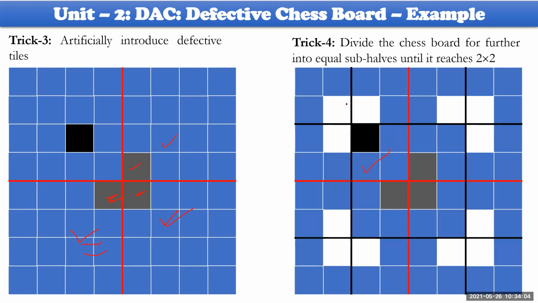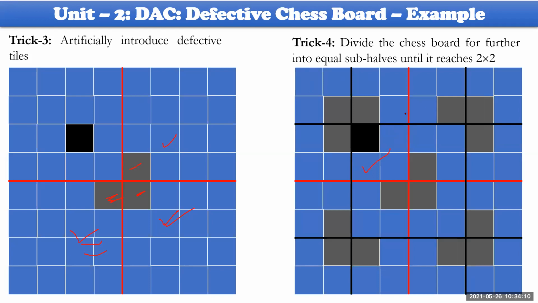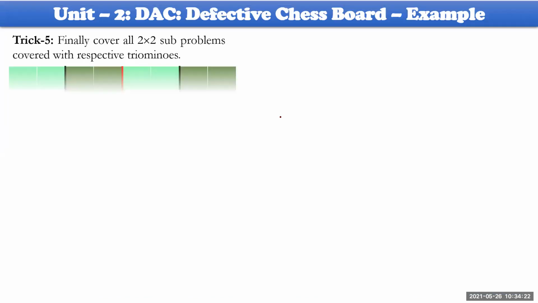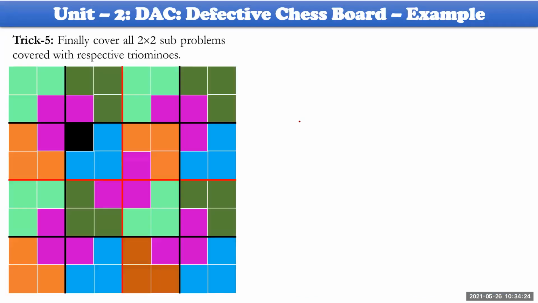Then what about this 2 by 2, this 2 by 2? So I'd like to consider artificial defective tiles in each and every 2 by 2. If you have one defective tile in a 2 by 2, then you know how to fill it. Then I'll show you how to fill them. In this way, it has been filled with different colors.